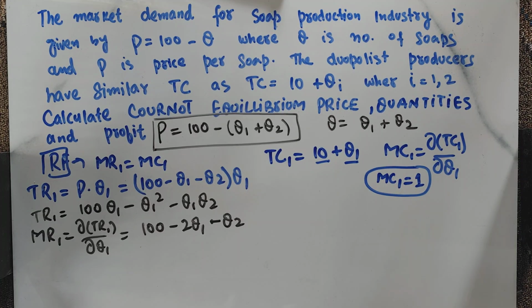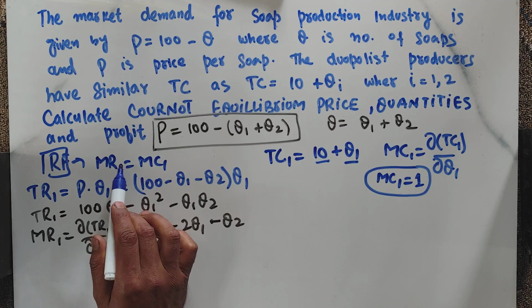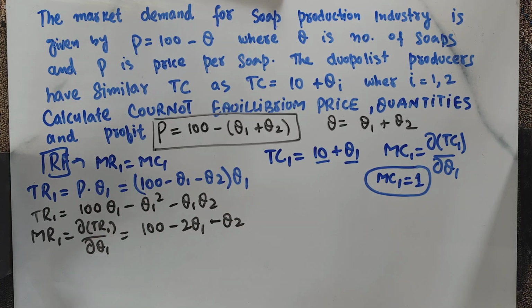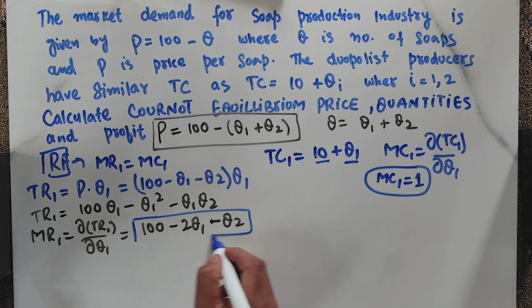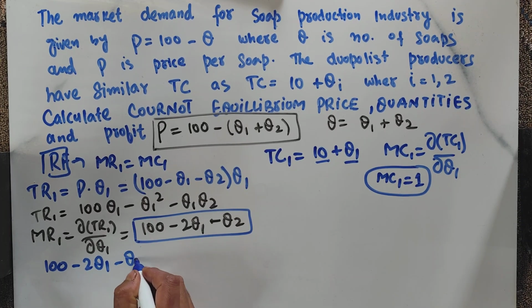To find the reaction function, we use the profit maximizing condition for firm 1, that is, marginal revenue of firm 1 should be equal to marginal cost of firm 1. Marginal revenue is 100 minus 2 Q1 minus Q2, and we equate it with the marginal cost of 1.